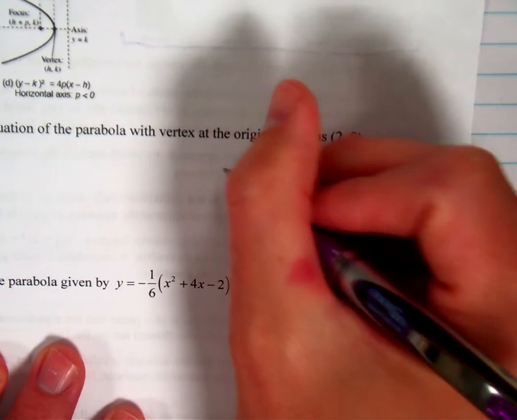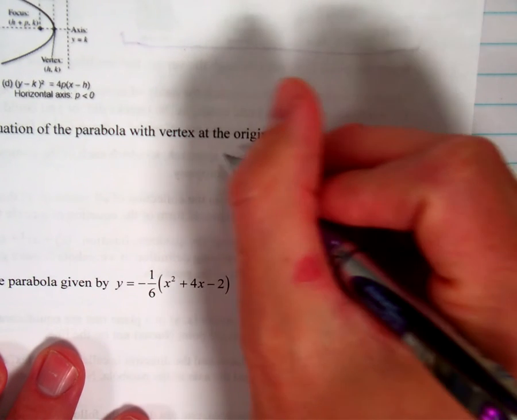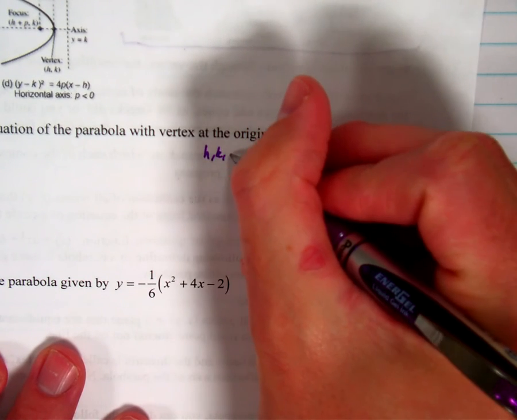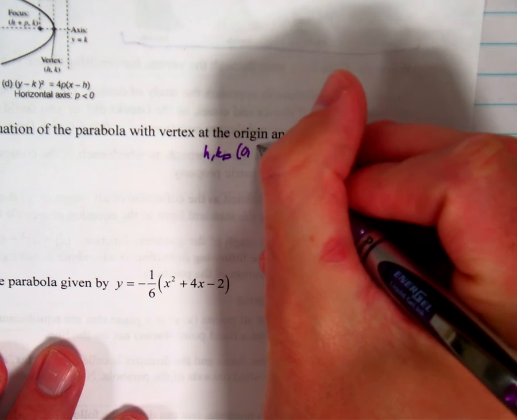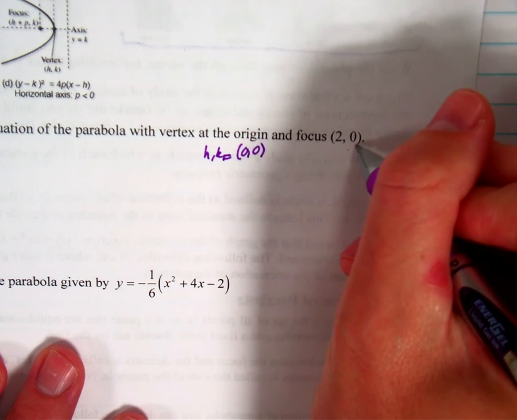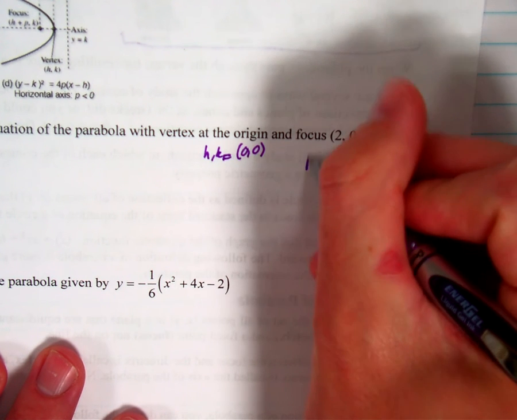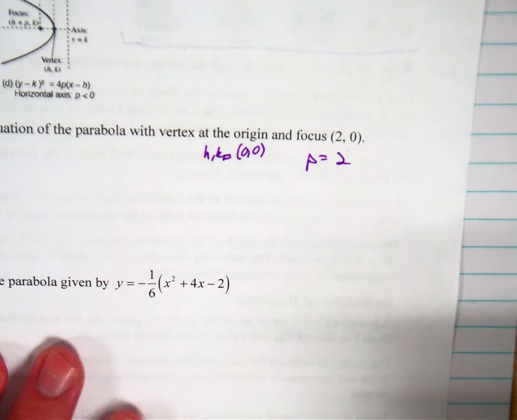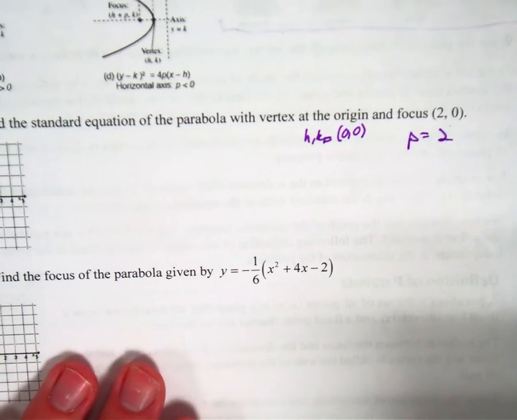Okay, so origin is 0, 0, so our h, k is at 0, 0. Our focus being at 2, 0 then tells me our p is 2.